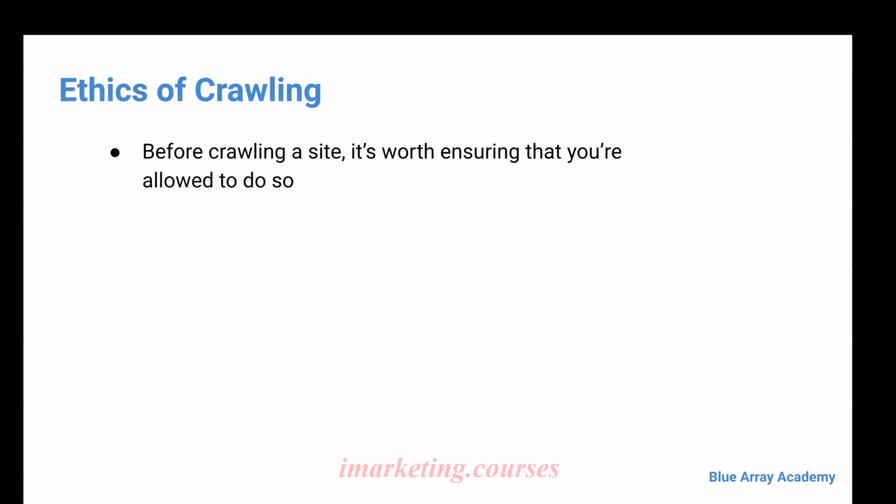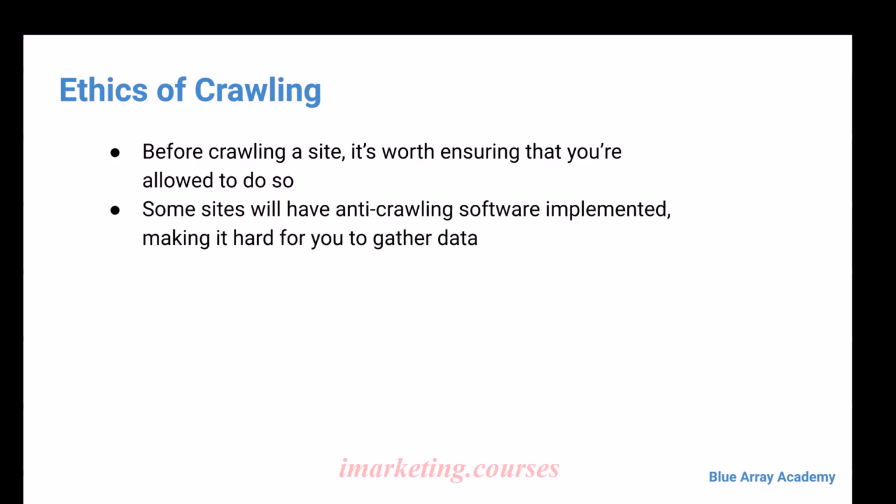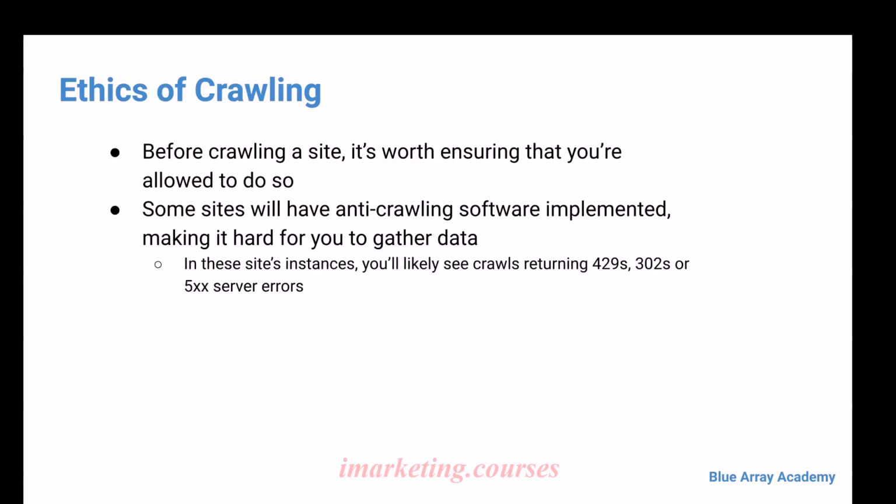So before crawling a website and analyzing data, it's worth ensuring that you're actually allowed to do so. Some sites are going to have anti-crawling software implemented, making it pretty hard for you to be able to actually gather data. In these instances, for example, you'll likely see crawls returning 429s, where there's too many requests hitting a server and it will just start returning 429s, 302s or 5xx server errors.